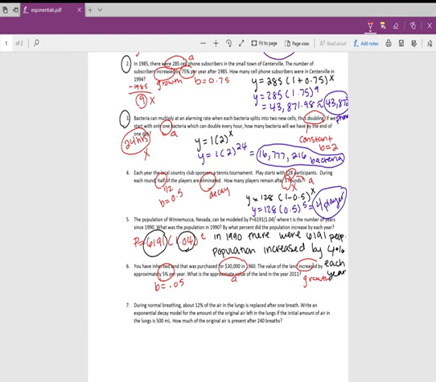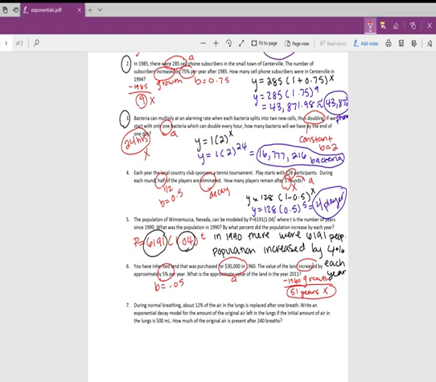What is the approximation of land in 2011? So we have to take 2011 minus 1960 to find the total number of years. So 2011 minus 1960 is 51. 51 years, and this is our X value.